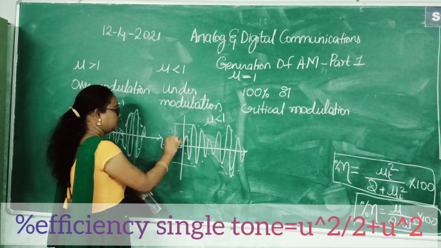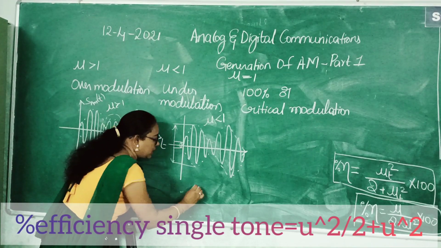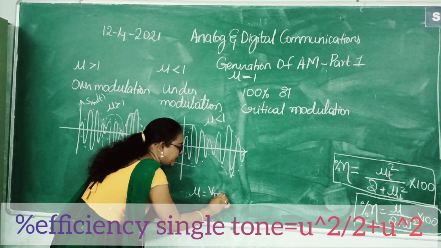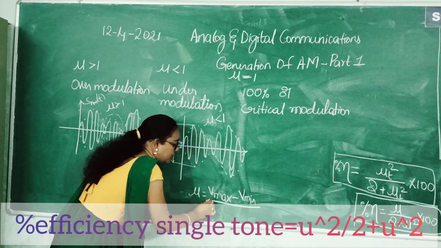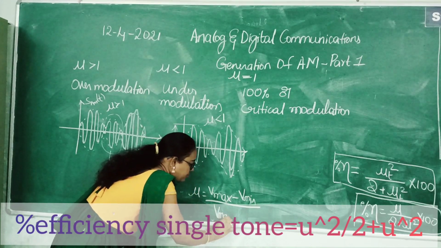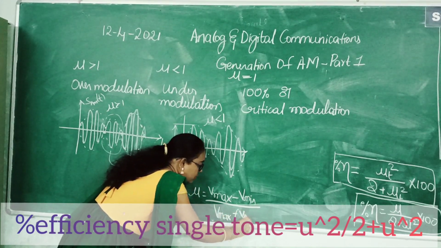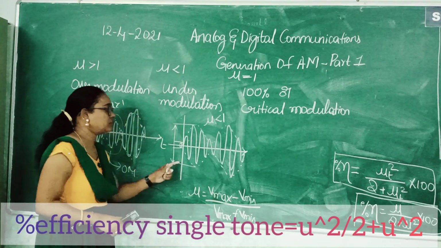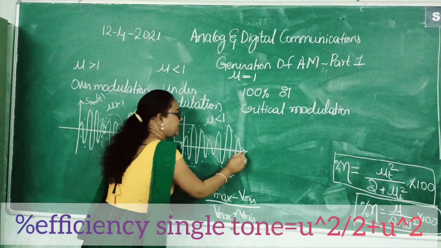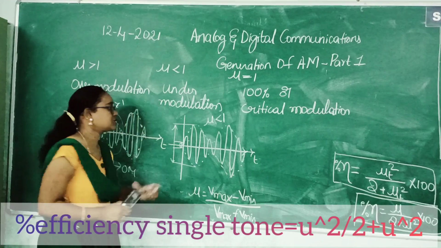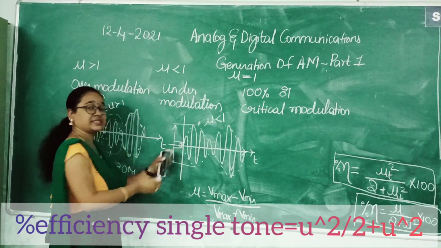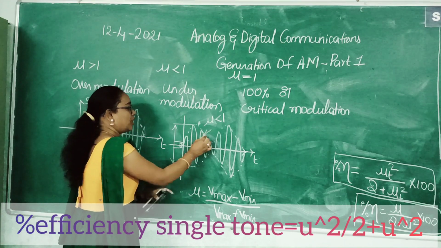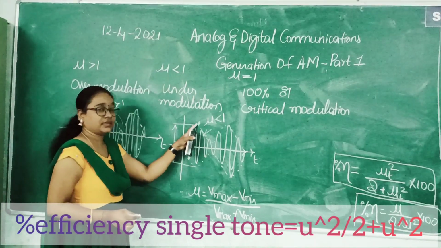According to this we also have the formula mu equal to V max minus V min by V max plus V min. The dotted line represents the message signal and the solid line represents the carrier signal.